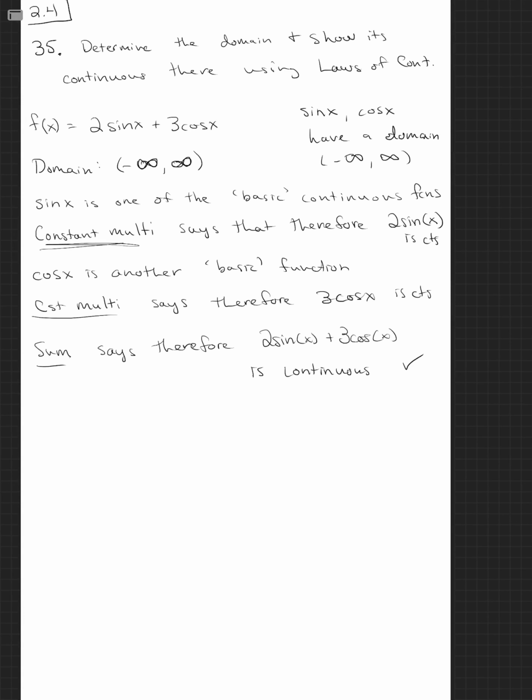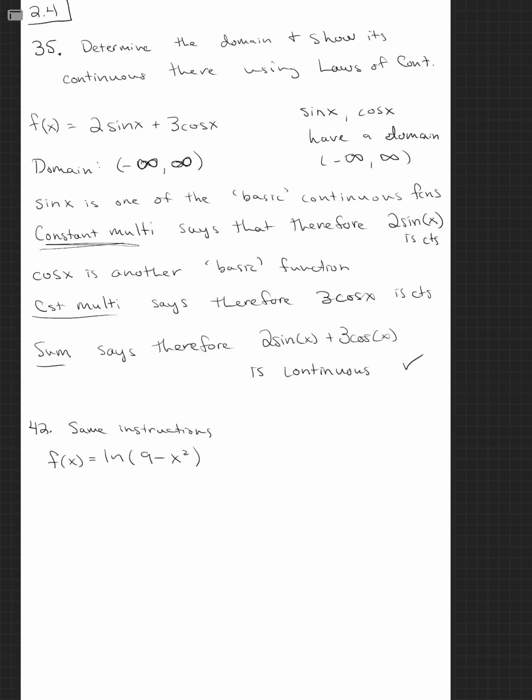Right. So the next problem, 42, had the same instructions, but a different function. So that function is f of x equals natural log of 9 minus x squared, right?